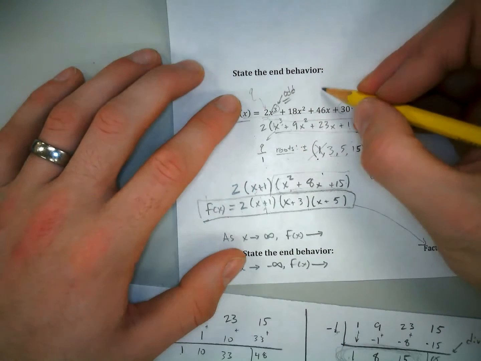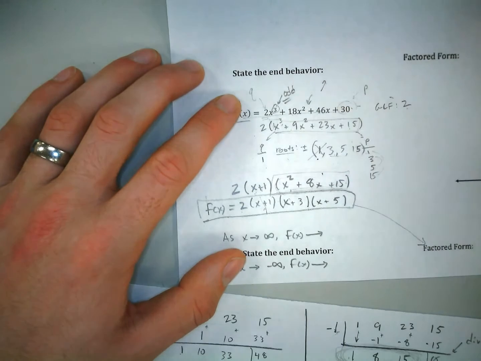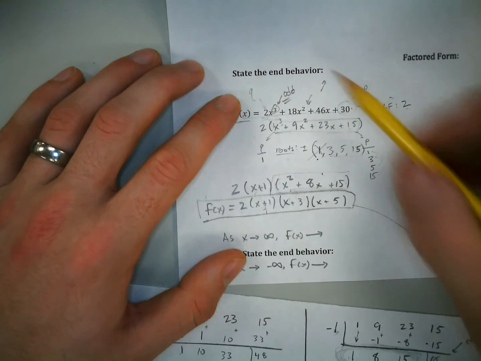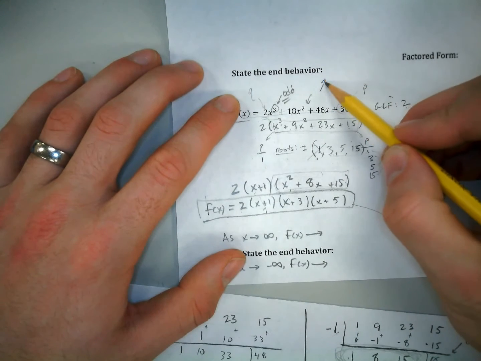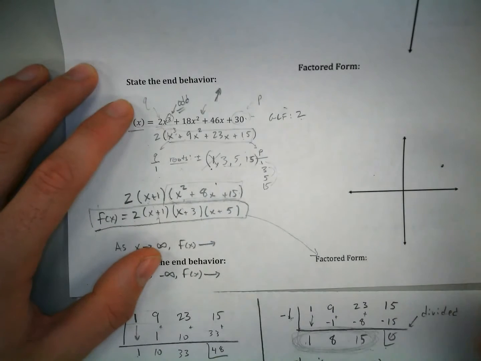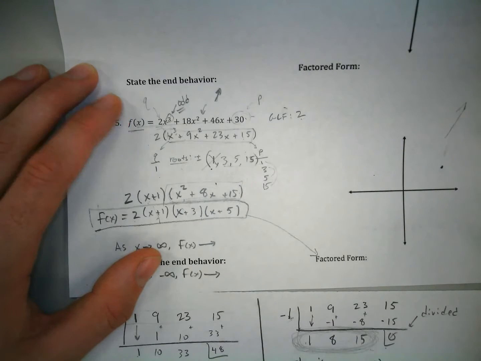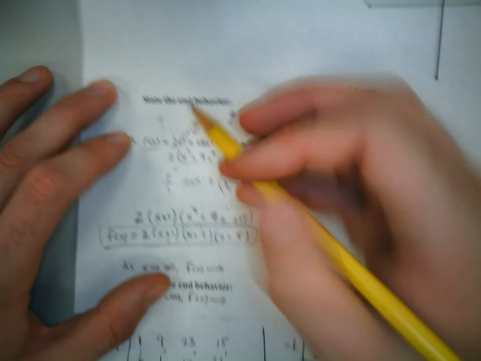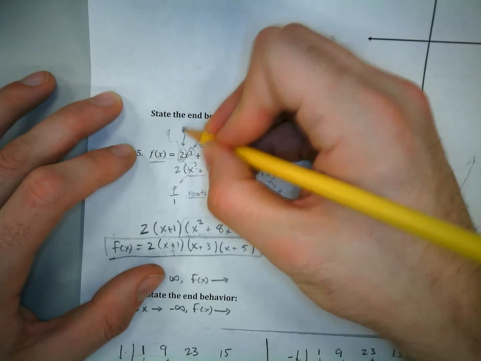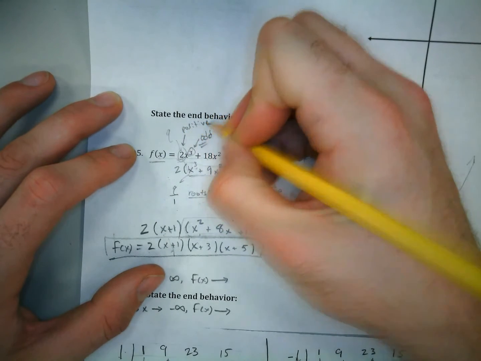So that means we're going to have opposite directions of end behavior. And in fact, it's going to be finishing in the positive direction, right? On the right-hand side of our graph, it's going to be finishing up here somewhere, because the leading coefficient is positive.